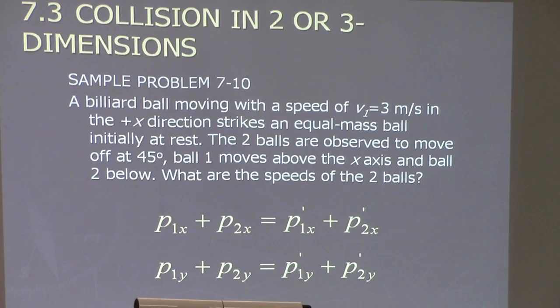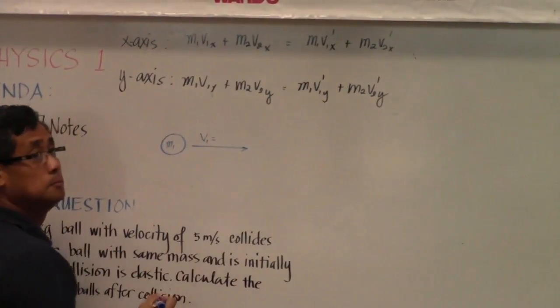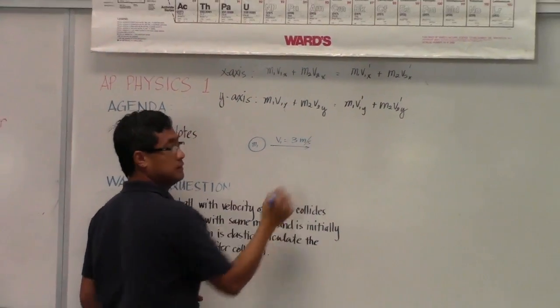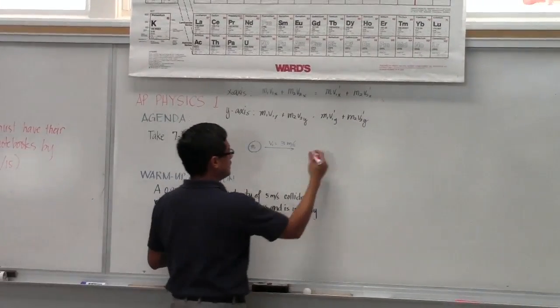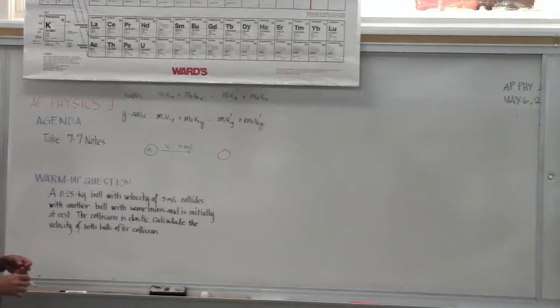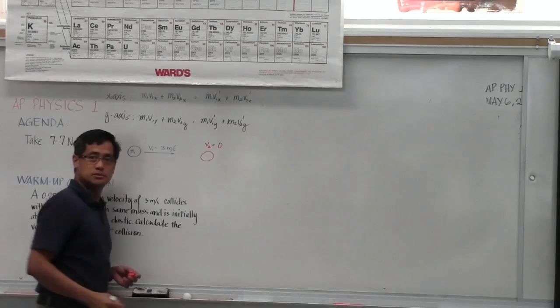So you have a ball that's moving to the right. Let's say this is M1. What is its velocity, by the way? 3 meters per second. Now it hits another ball that was at rest. What is the velocity of V2? 0.